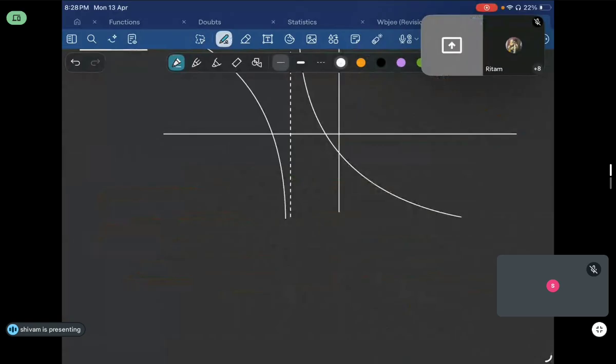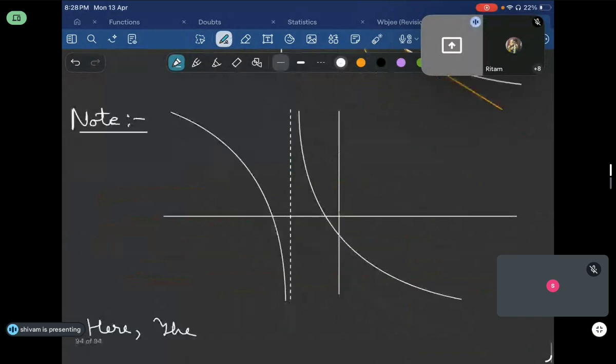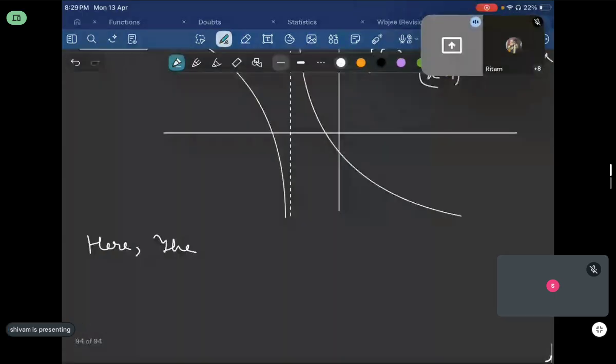Write it down. Over here, the function f of x is equal to 1 upon (x plus 1) whole cube minus 3x plus sin x. Over here, the function is many one.